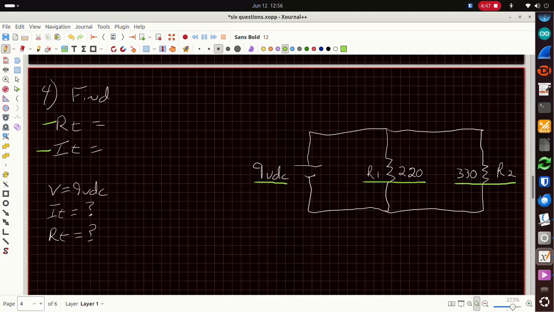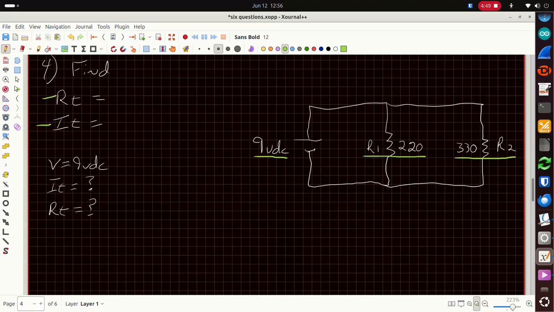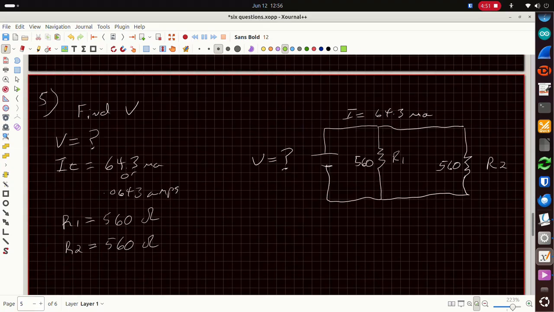On to question 5. Another parallel circuit. We do not know the voltage. Voltage is unknown, but we do know that IT is 64.3 milliamps, or 0.0643 amps.